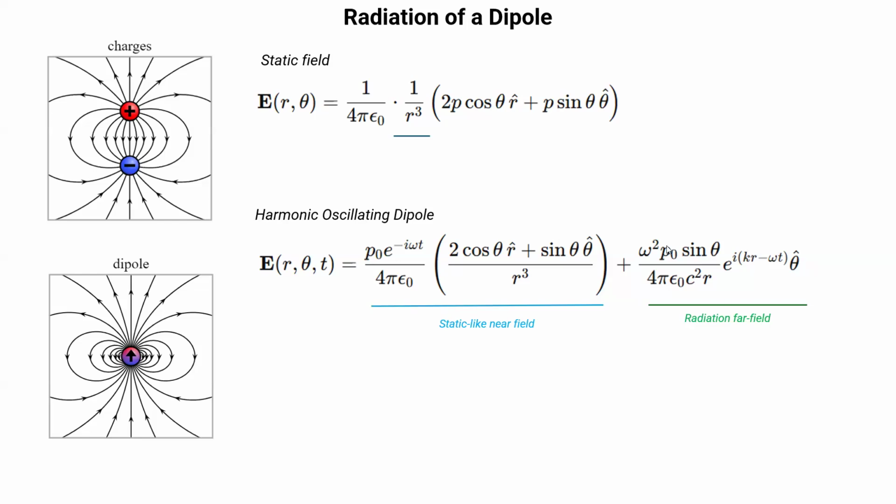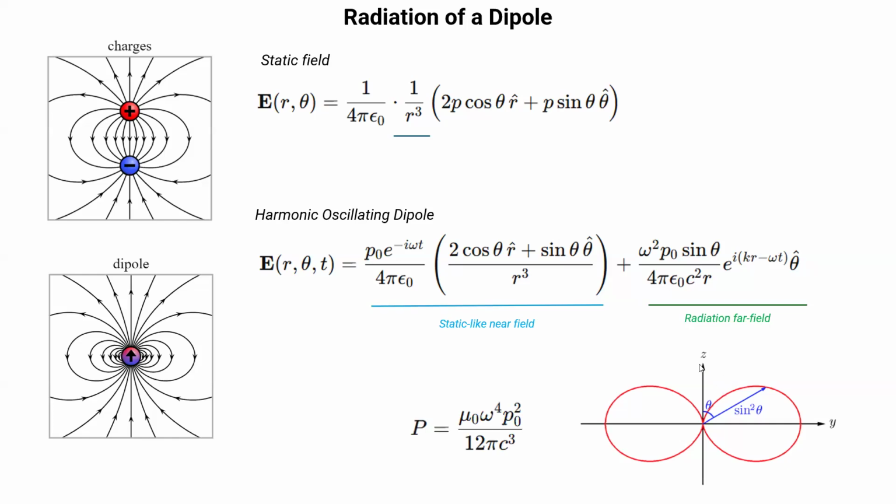The only difference is the dipole moment of the system. Since this is the same function, it also depends on the sine of theta.